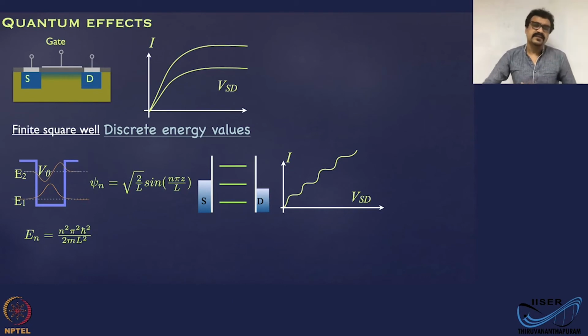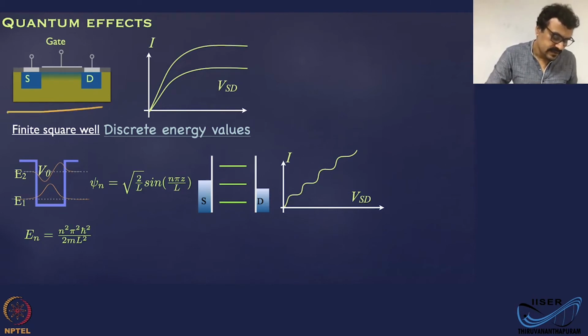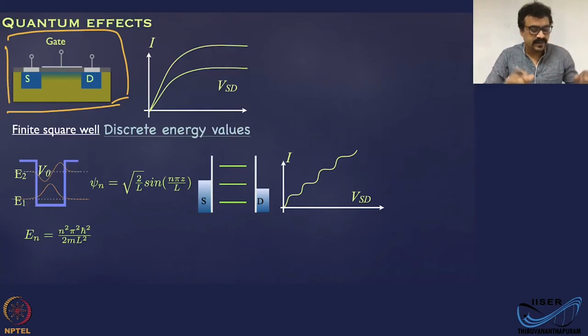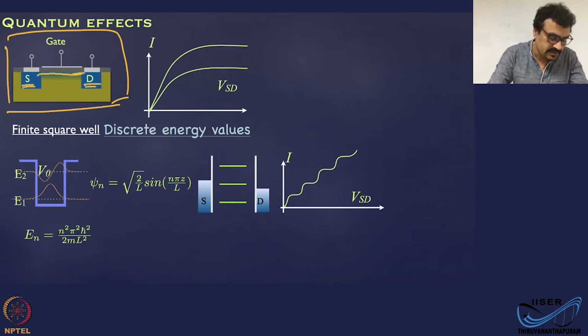Now there is an even more interesting problem that comes from confinement driven quantization, or confinement driven discretization of energy values. So this cartoon here shows a typical MOSFET where you have a source region and a drain region, and they are connected through some channel which I have shown here by the blue region.